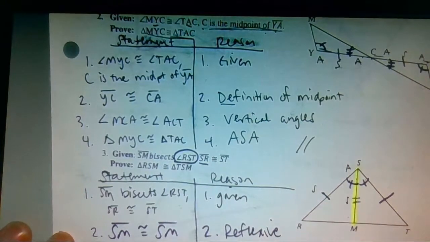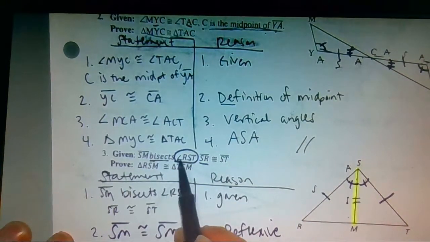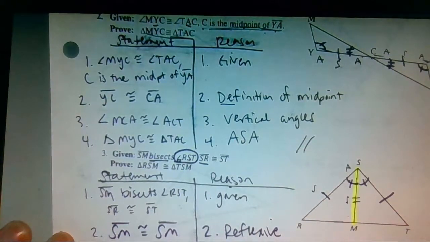What is my reason for that? Why can I say those two smaller angles are equal to each other? What kind of bisector? Angle bisector is bisecting that angle. So, definition of angle bisector.